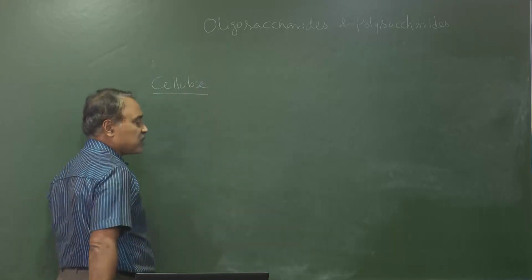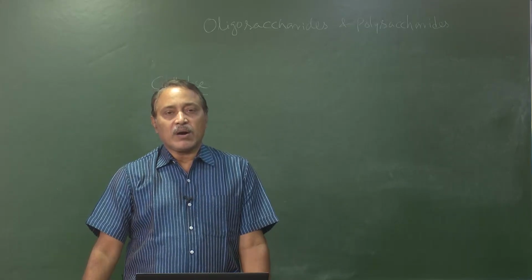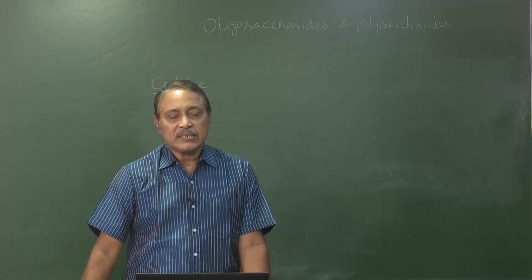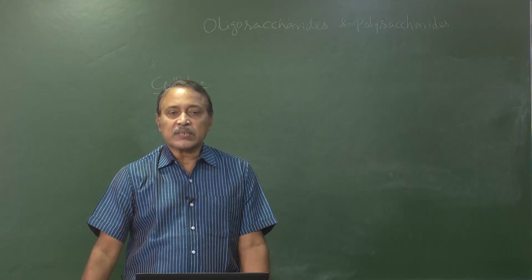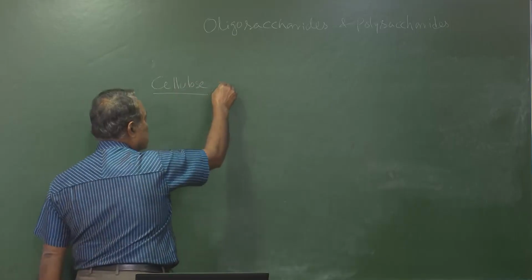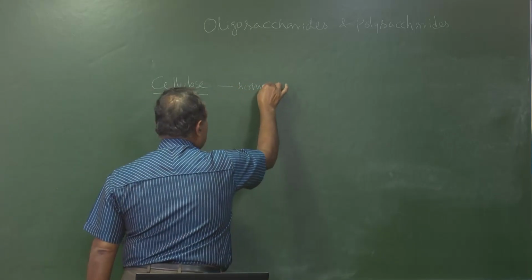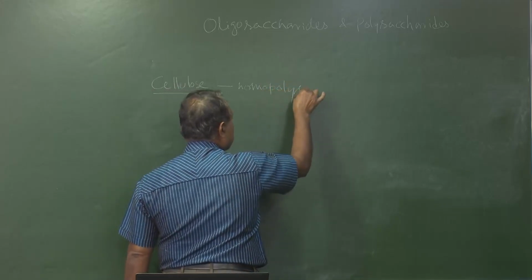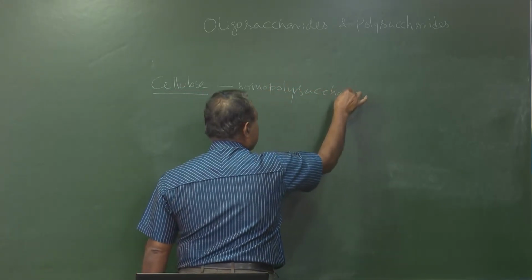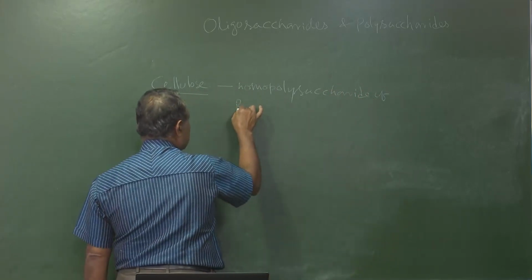We will discuss cellulose. So, cellulose is a homopolysaccharide. Function is structural. Homopolysaccharide of what? Of beta glucose.